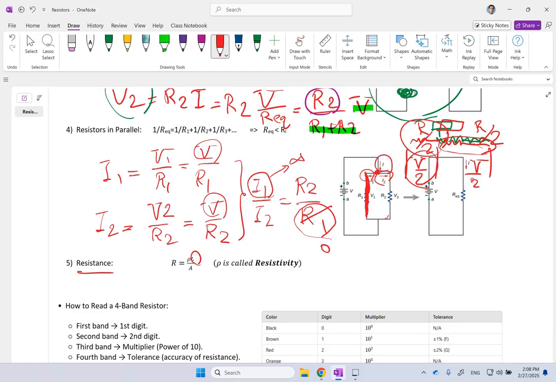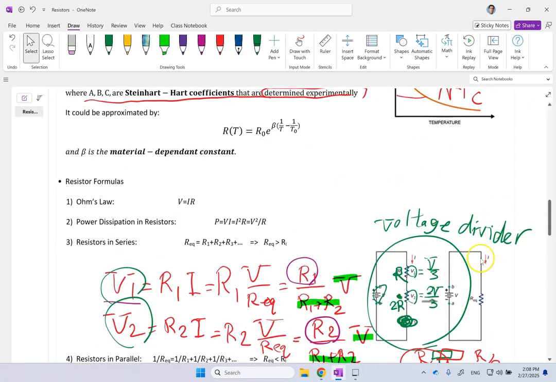It means all of your current is going to come through this branch that has no resistance and nothing goes through there. What do we call that? Yes, that's the short circuit. So short circuit is when one branch has no resistance, so all the current passes through that. The other branch gets nothing. That's the short circuit.